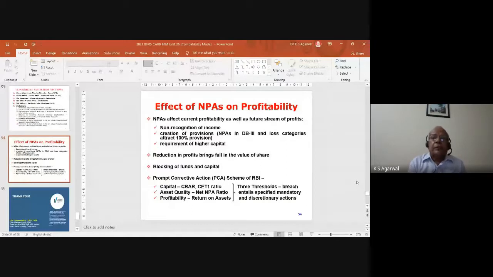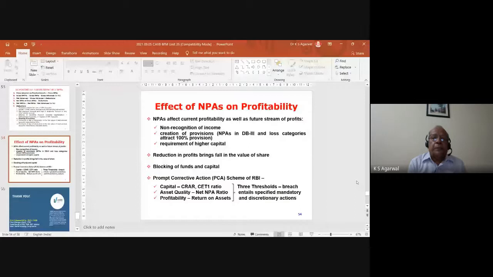Another impact on profitability is that I have to maintain higher capital on NPAs. For purposes of capital adequacy, NPAs attract higher capital. Then reduction in profits brings a fall in the value of the share. Obviously, the share value reduces.